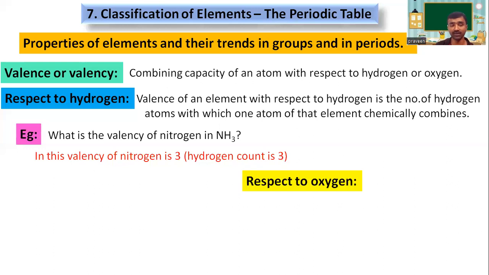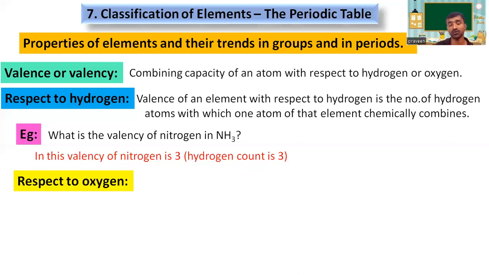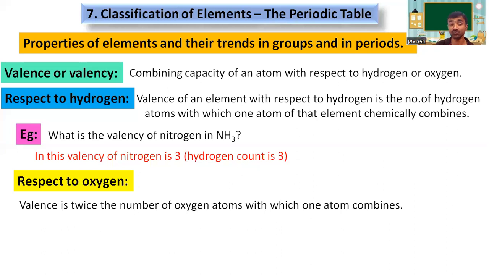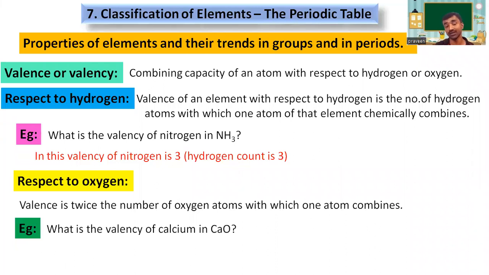Suppose you are taking the composition with respect to oxygen. The count of oxygens is doubled here. Valence is twice the number of oxygen atoms with which one atom combines. For example, I am taking the composition calcium oxide. What is the valency of calcium according to oxygen? We just double it.